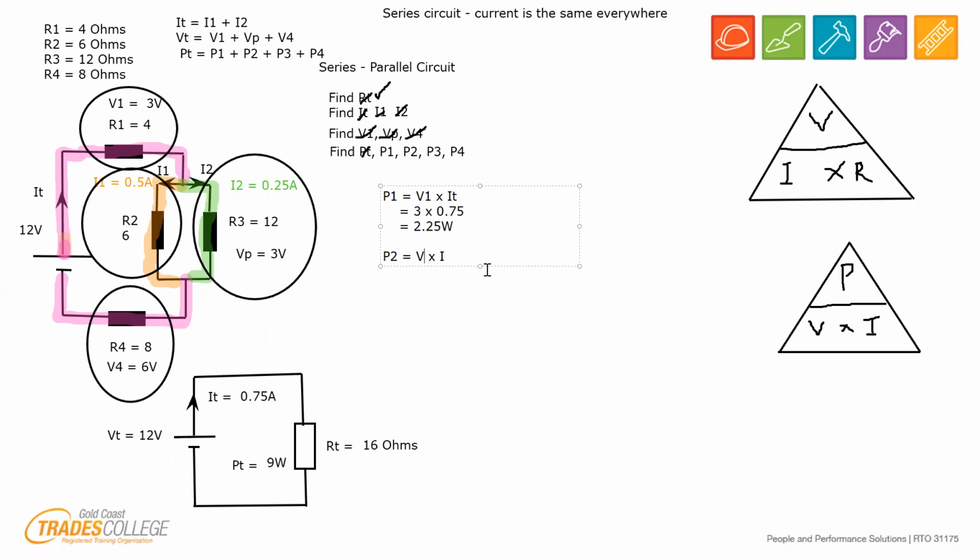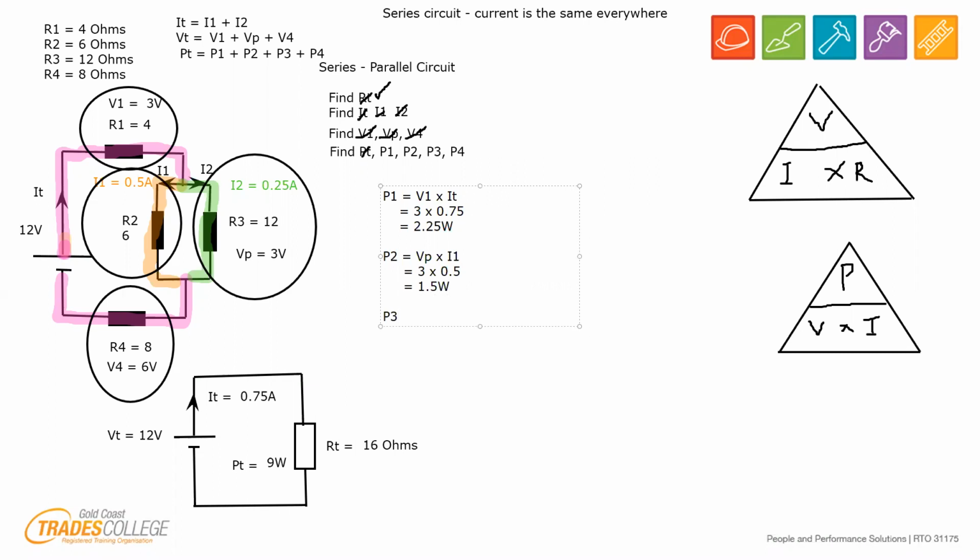Well, we're using VP because it's a parallel part, and we're using I1, because that's the current going through R2. So that's 3 times a half, which gives us 1.5 watts of power going through there.